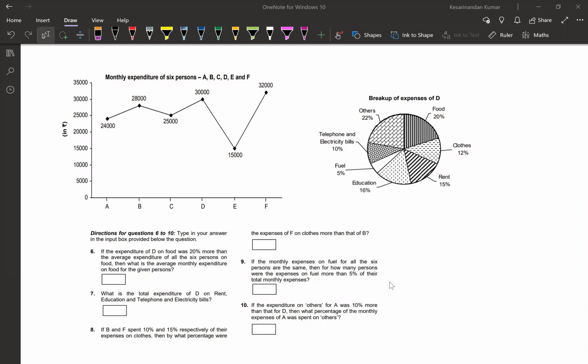You just have to see how many people have... It can be done qualitatively also, no? Exactly, that's what I'm trying to tell you. If I reduce the expenditure, naturally the fuel charge that is constant for everybody will become more than 5% because the denominator will decrease, right? So if you just get the number of people who have their expenditures less than D, it will give you the answer.